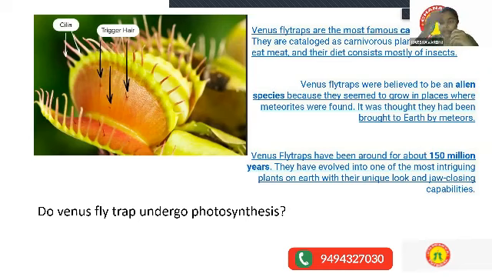Maybe it's a myth, maybe it's true, we don't know. The third fact is that Venus flytraps have been around for about 150 million years. They have evolved into one of the most intriguing plants on Earth with their unique look and jaw-like closing.